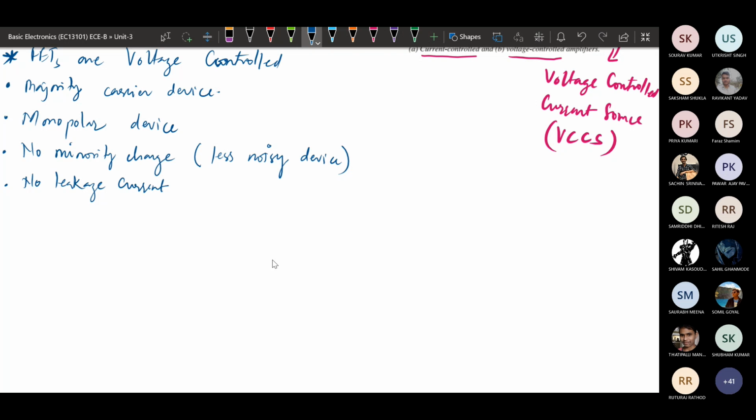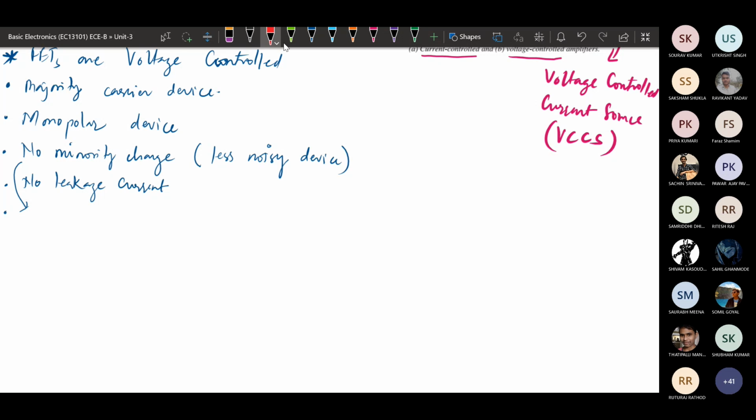Also, with no minority charge carrier, the temperature effect will be less. Whenever we increase the temperature, the minority carriers get doubled for every 10-degree rise in temperature, like ICO, the reverse saturation current we have talked about.